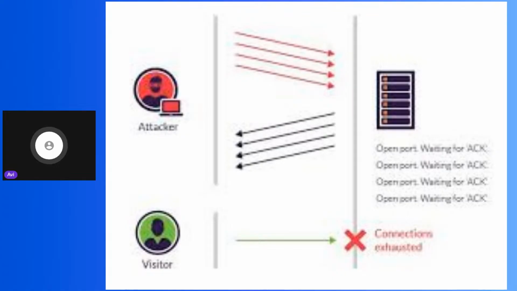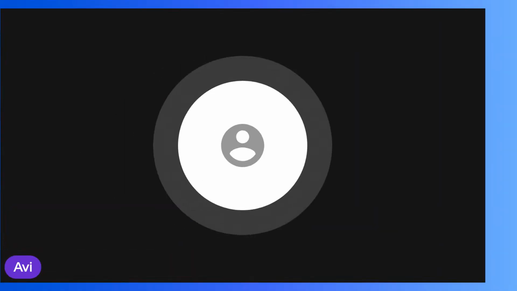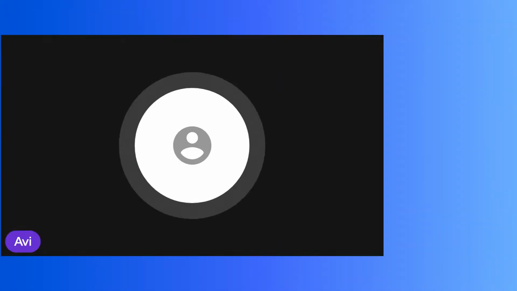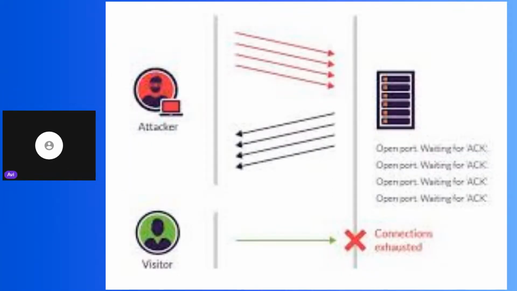So the three-way handshake is turned into a two-way attack, because only the first two steps of the three-way handshake have been followed. So anyway, that's TCP flooding. I will now show you guys the next one.